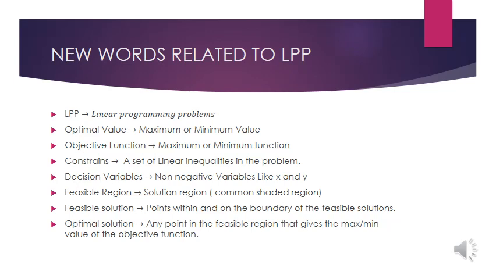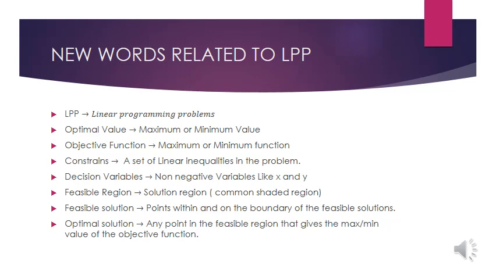LPP. The expanded form of LPP is linear programming problems. Optimal value. In profit-related questions, your objective is to find maximum profit, and in cost-related questions, your objective is to find minimum cost.